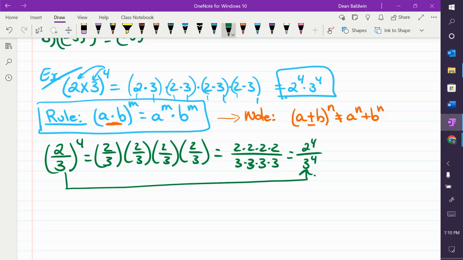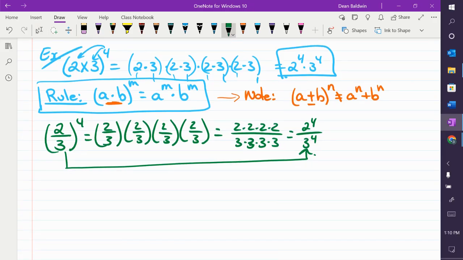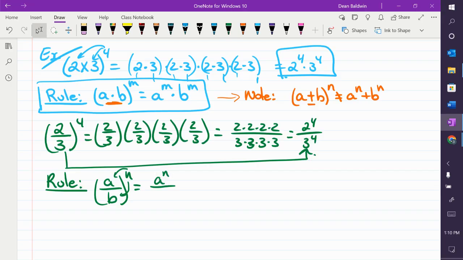So it's basically the same rule as above, except now we have a fraction. If you have a over b to the power of n, that exponent goes to both terms, or both numbers inside.